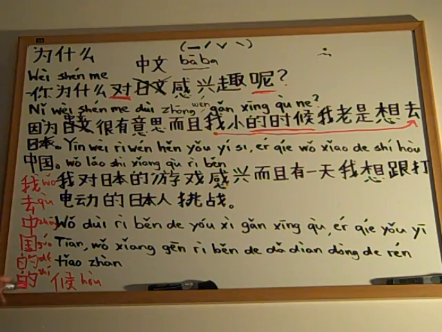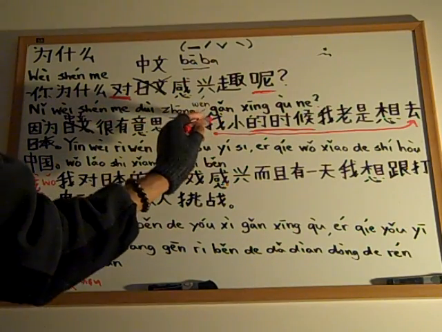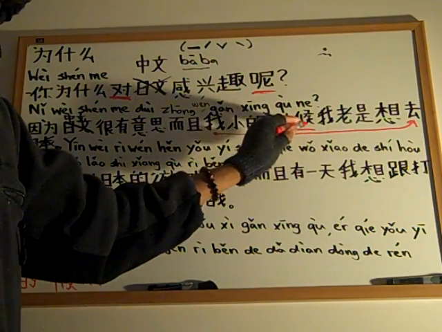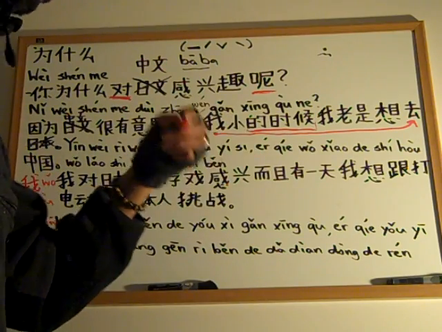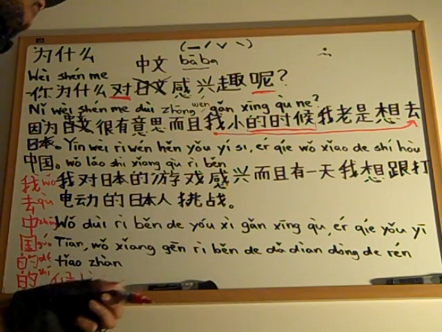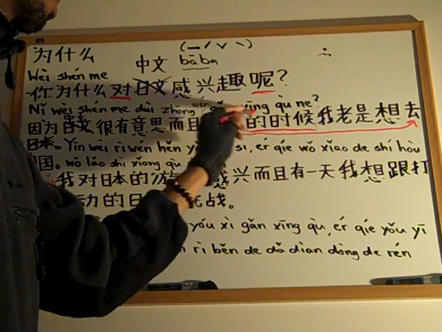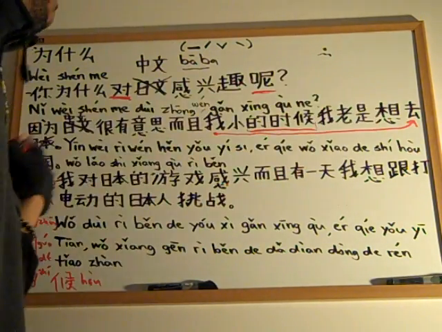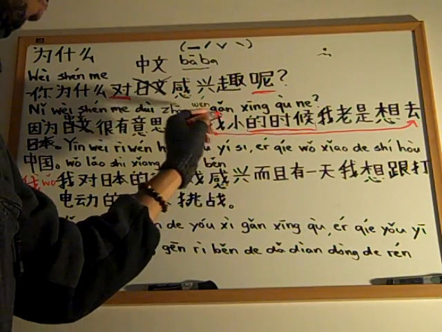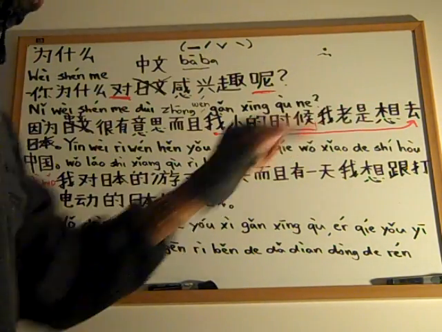I just wanted to use this as an example to show you guys that here 我小的时候 means when something, like when I go to China, when I play Street Fighter or something like that. 的时候, so 我小的时候，我老是想去中国. So when I was small, I always wanted to go to China.